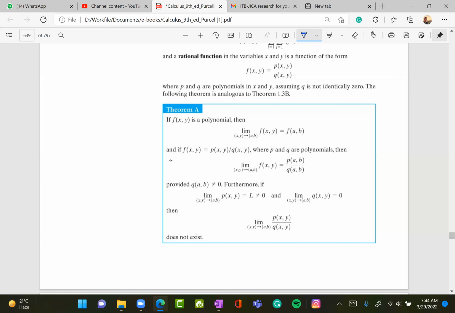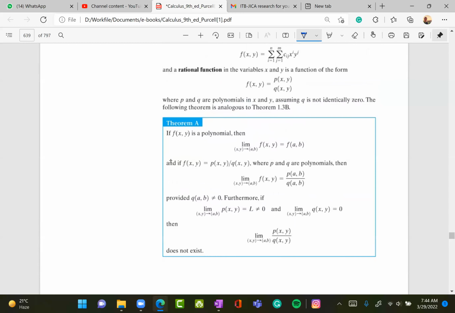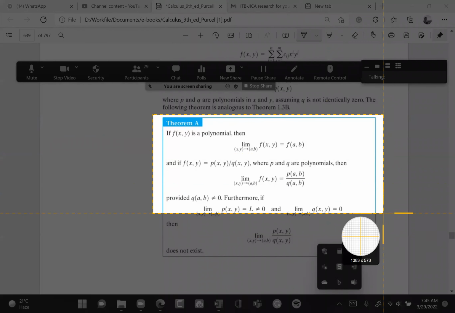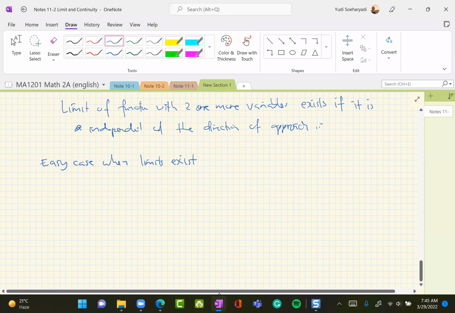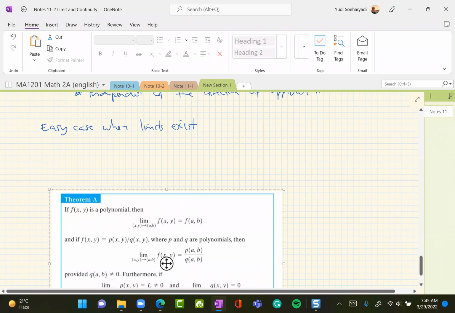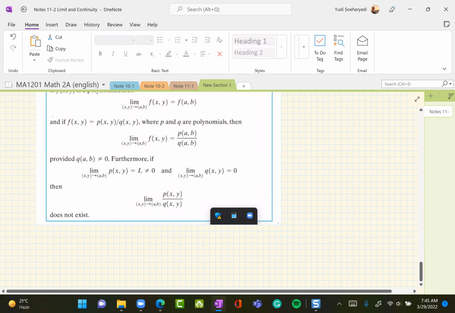And if the limit of the numerator is L and the limit of the denominator is zero, then this limit does not exist. This is what I call the easy case when the limit exists.